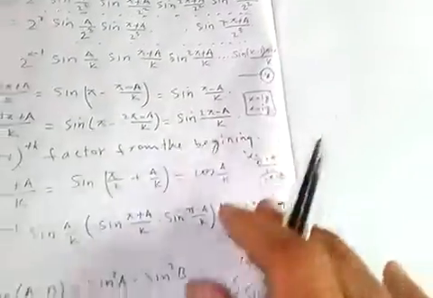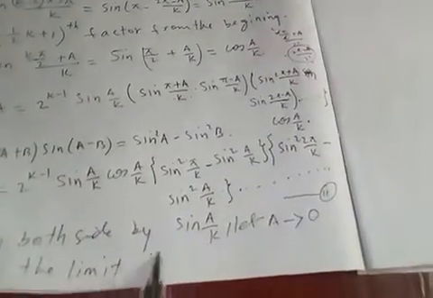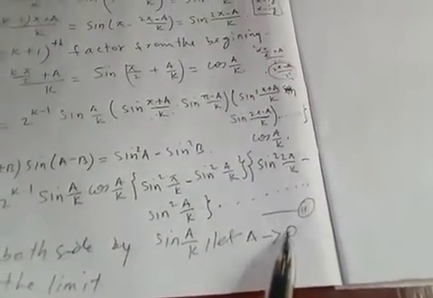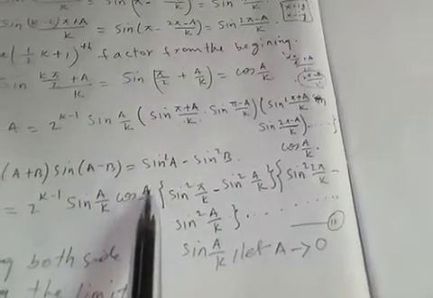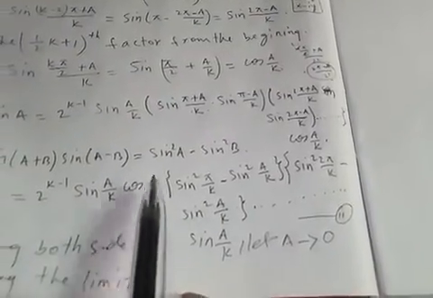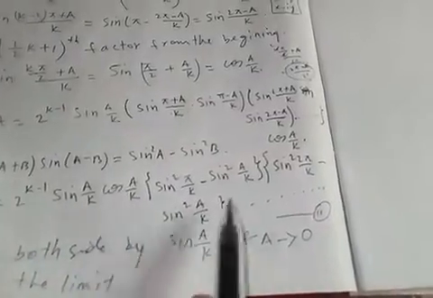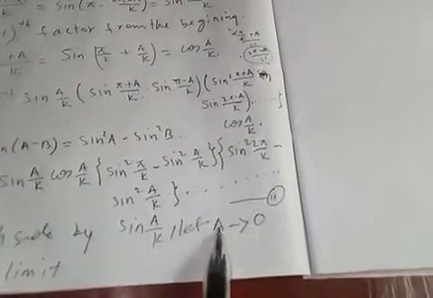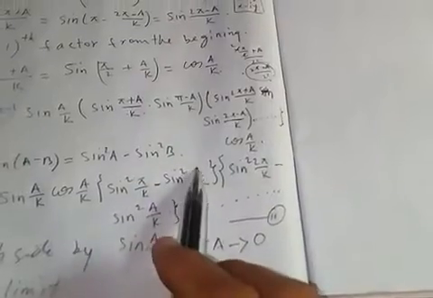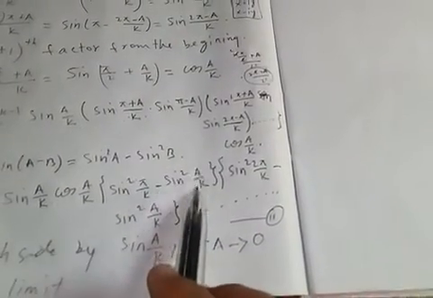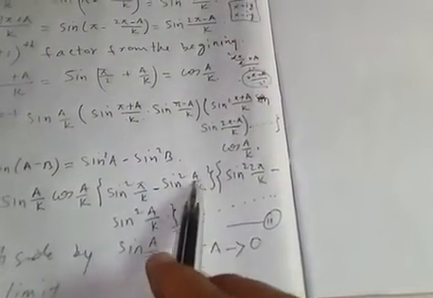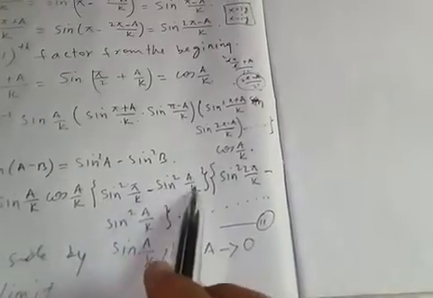And there is something I want to say here. Since A tends to 0, cos of 0 divided by k means cos 0, and cos 0 is, we know, 1, so here it will be 1. And here if you put A tends to 0, 0 divided by k is 0, the whole term is 0, so sine 0 is 0. Same thing here, also 0.